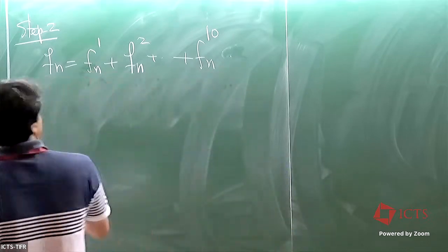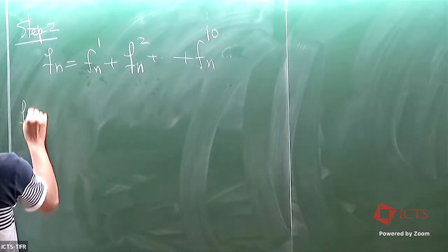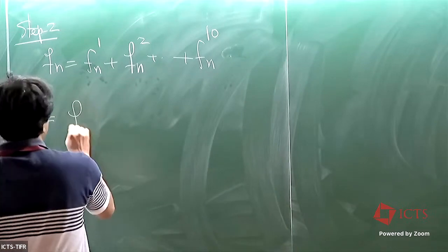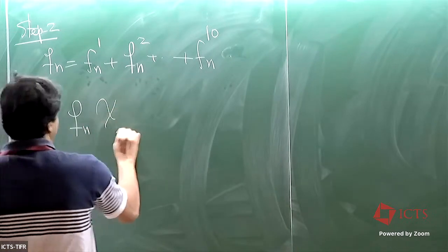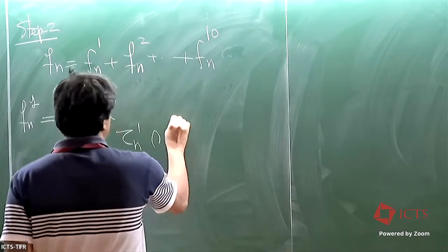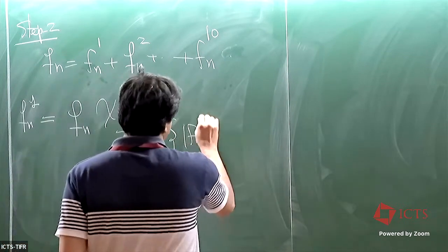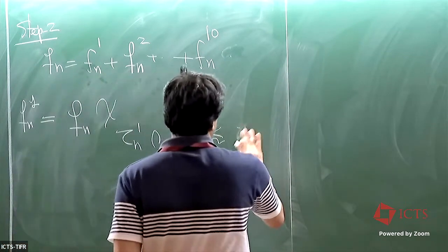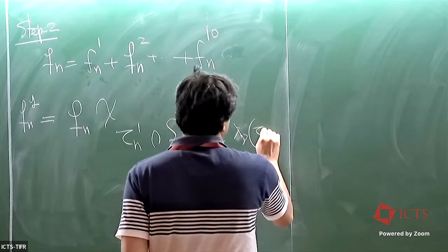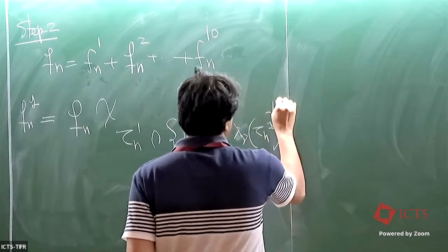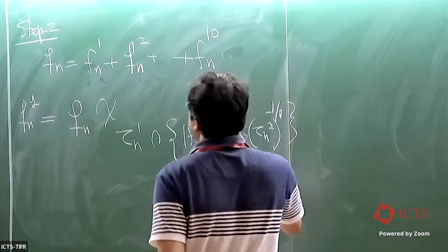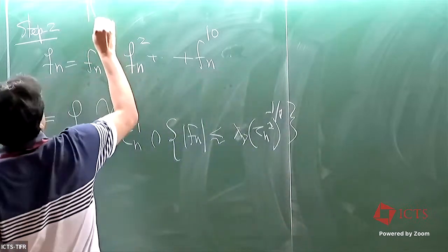In particular, so let's say Fn1, remember Fn1 is Fn times the characteristic function of an interval tau n1 intersection, where Fn is at most, let's say, about the affine arclength measure of this support to the power minus 1 over p. You can assume that each Fn has L^p mass 1 and they are extremizing.